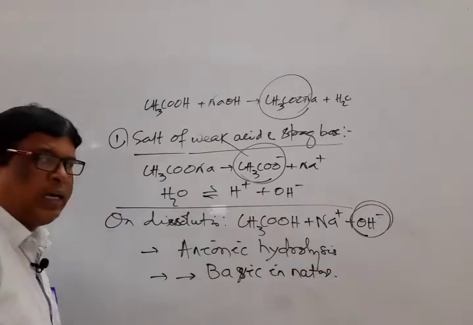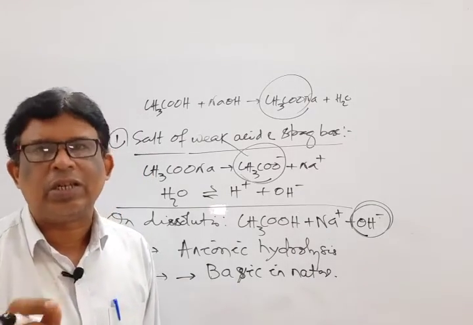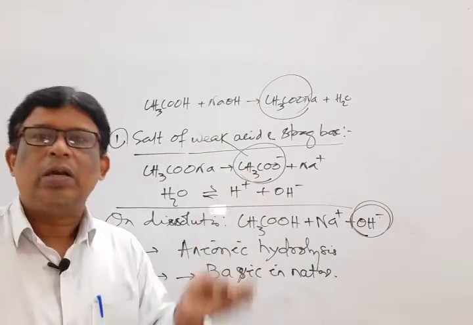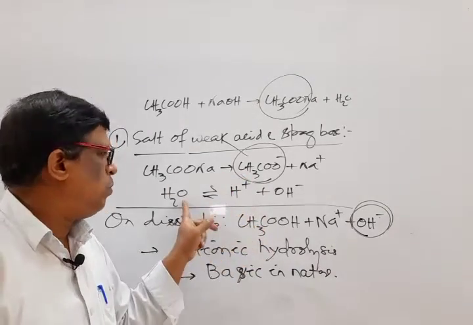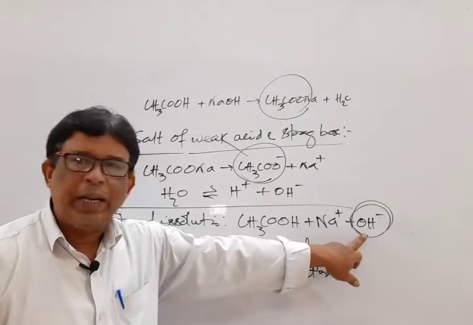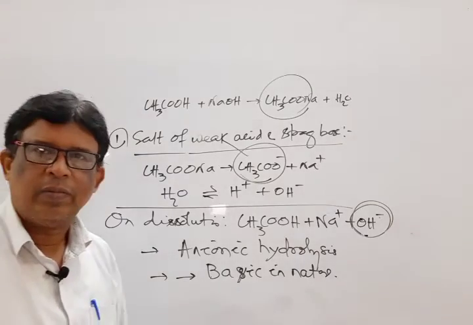It is also 2 marks. Each bit is a 2-mark question: predict the type of hydrolysis and the nature of the solution. I repeat again, since the anion of the salt combines with H plus ion of water, it is known as anionic hydrolysis, and since free OH minus is there, the nature is basic.